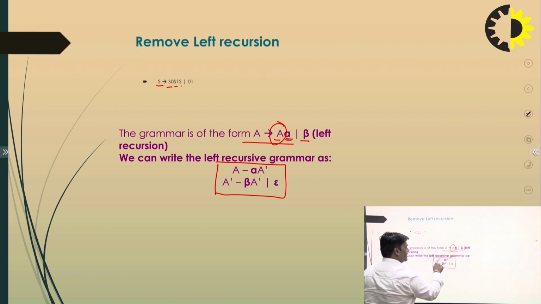To remove the left recursion, we write A implies beta A dash, with a new symbol A dash, and A dash implies alpha A dash or epsilon. In this way we remove the left recursion.